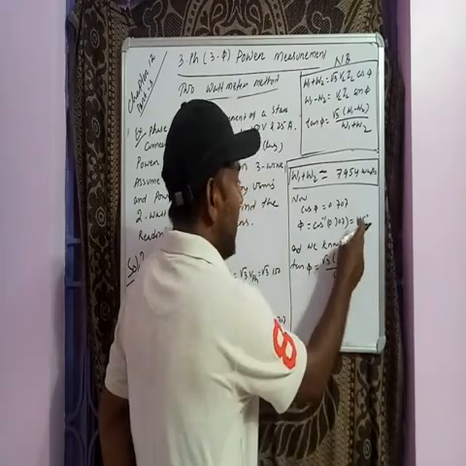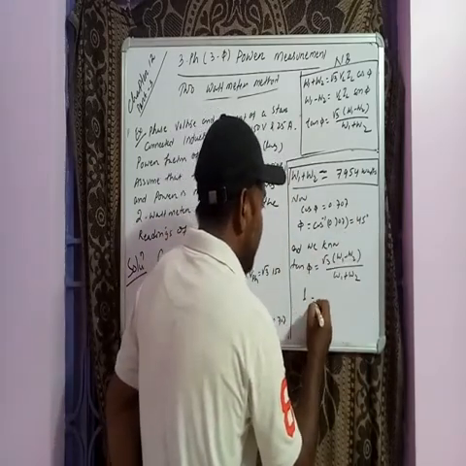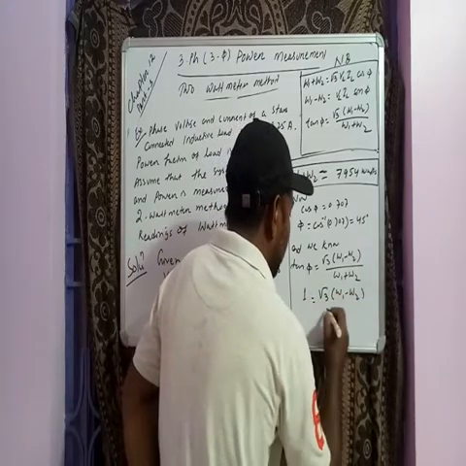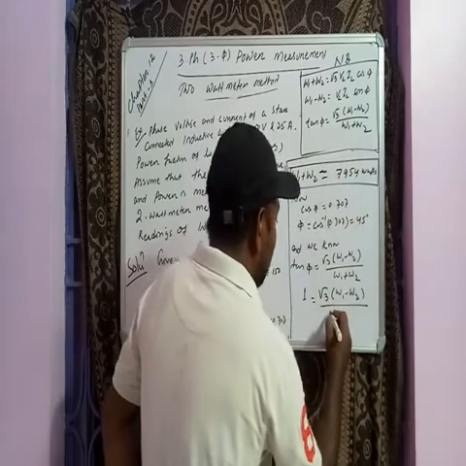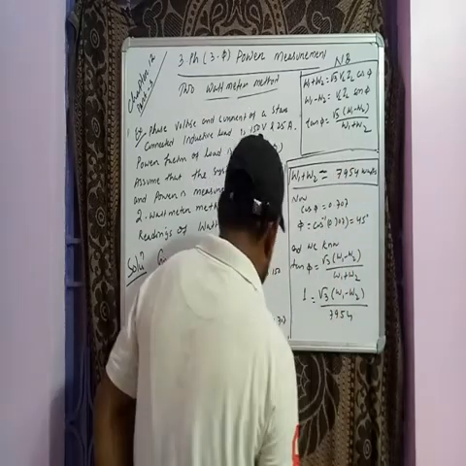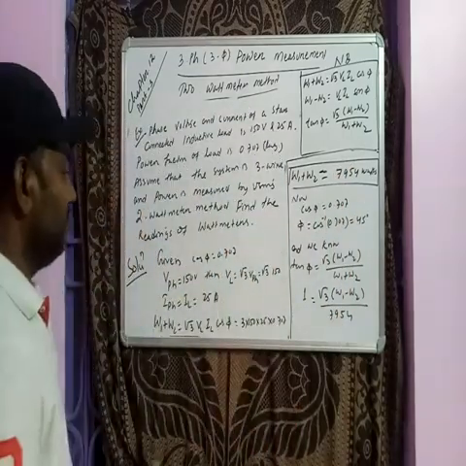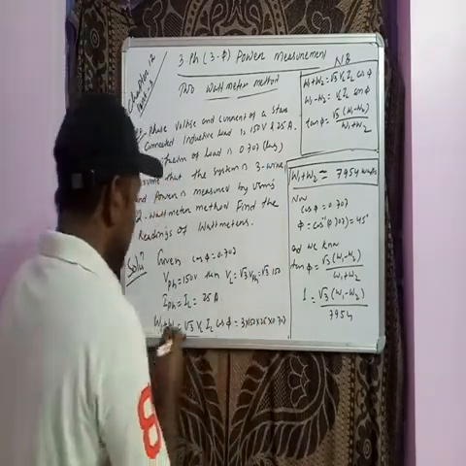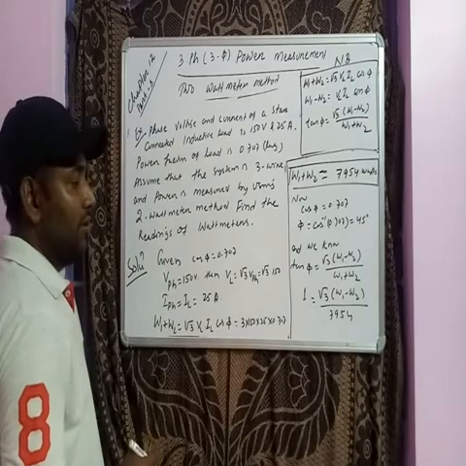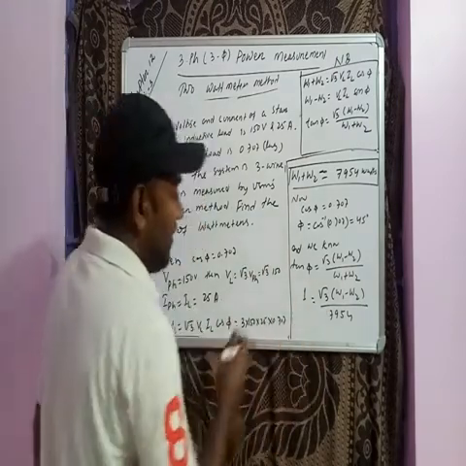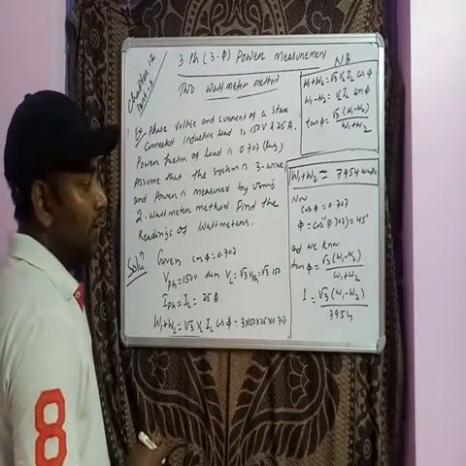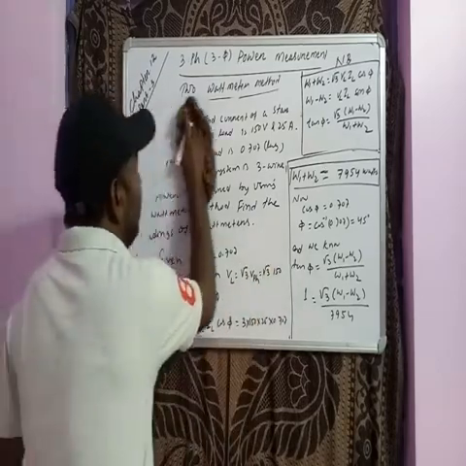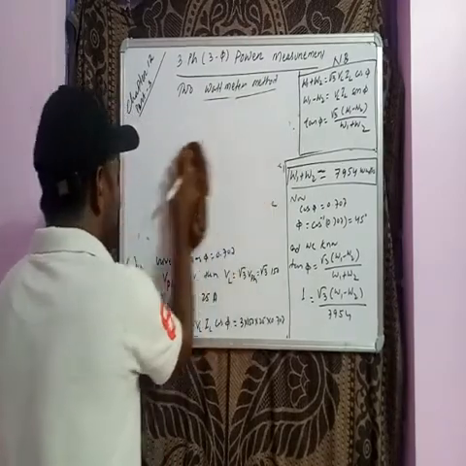So tan phi means tan 45. Tan 45 is 1. So it is root 3 W1 minus W2 by W1 plus W2 is 7954. Up to this clear? So now all these things we will calculate from here. Then from here we will get W1 and W2 values.